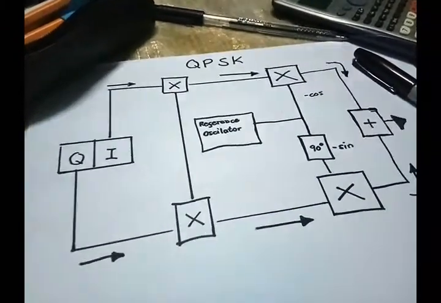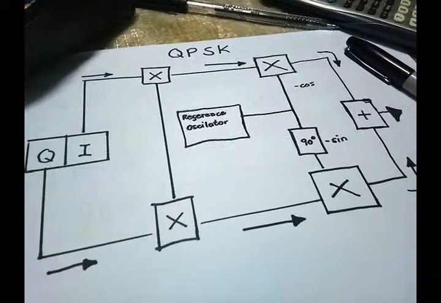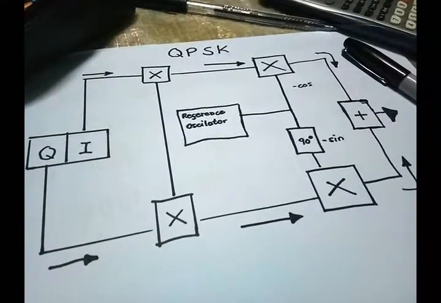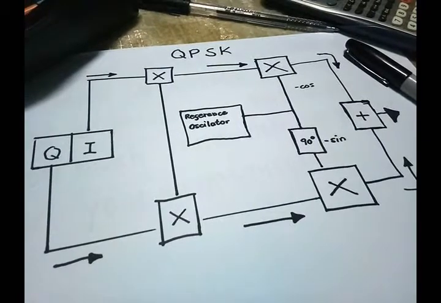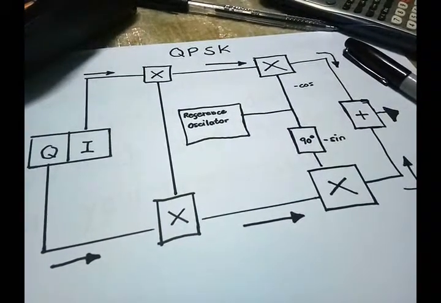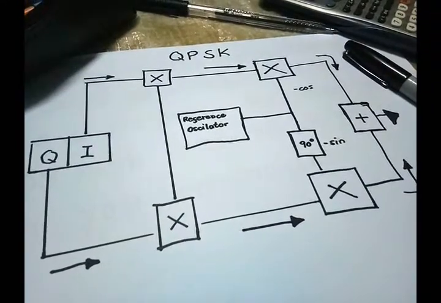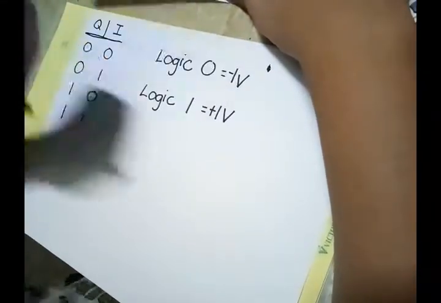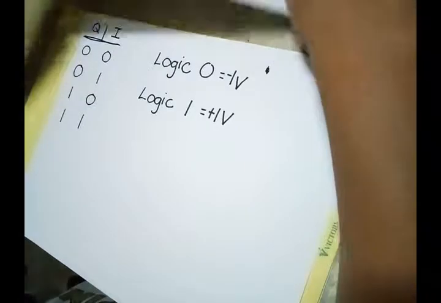Now we're going to discuss quadrature phase shift keying, and here is its example model diagram, which has both input Q and I. In QPSK, we have 4 combinations for both Q and I, which is represented by the logic 0 for negative 1 volt and 1 for positive 1 volt.